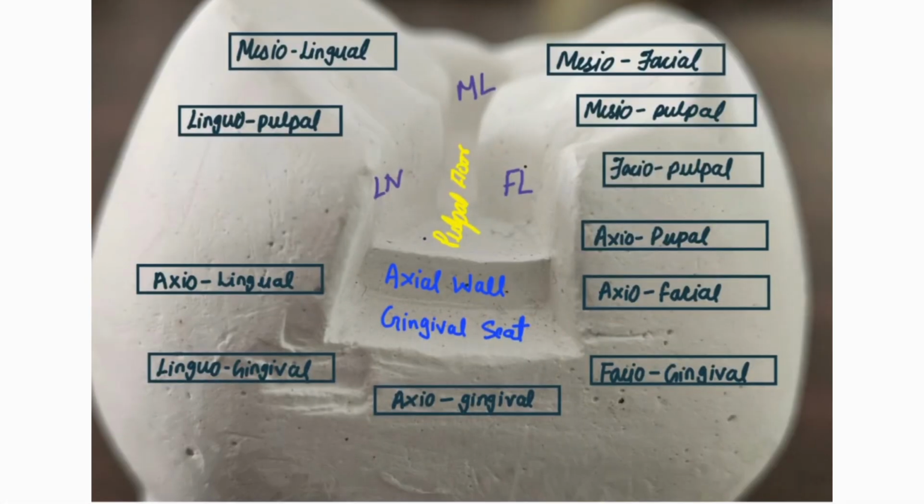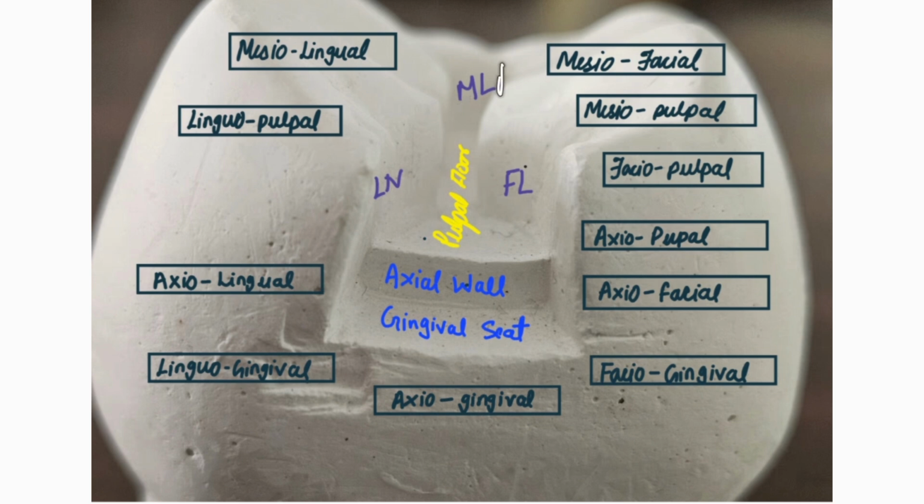Now let's move to class 2 cavity. In your class 2 cavity, you have 11 line angles and 6 point angles. Before we begin, we always start with labeling the walls. So we have the mesial wall, lingual wall and facial wall.